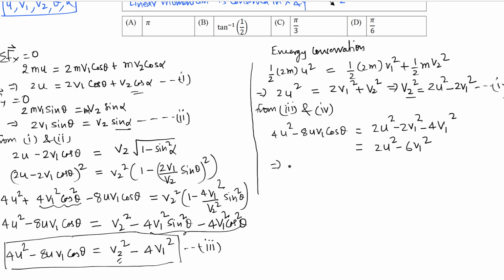So that means we can write cos theta as 2u square plus 6v1 square divided by 8u v1, which is nothing but u square plus 3v1 square by 4u v1.